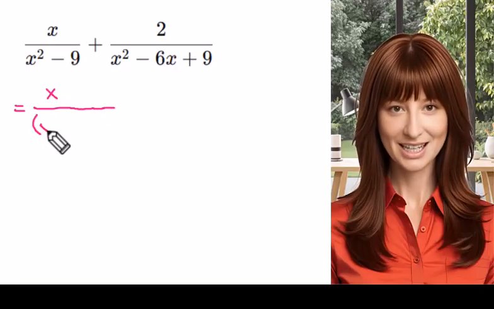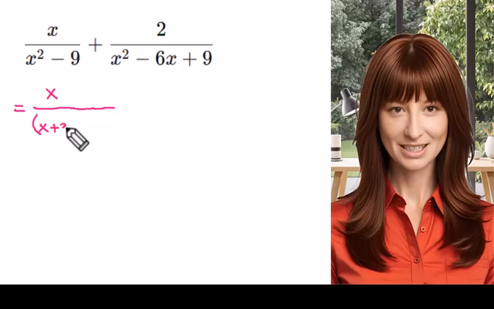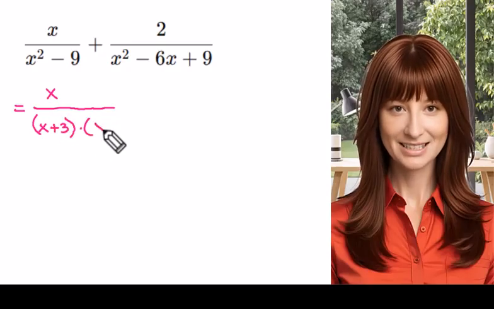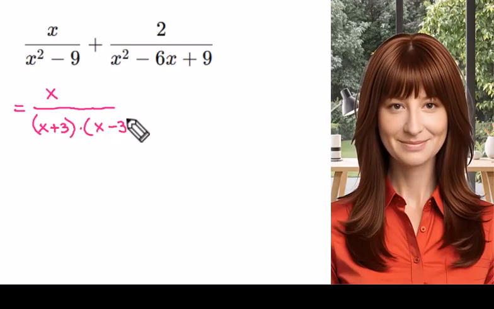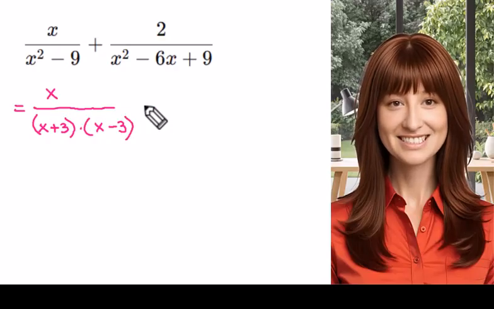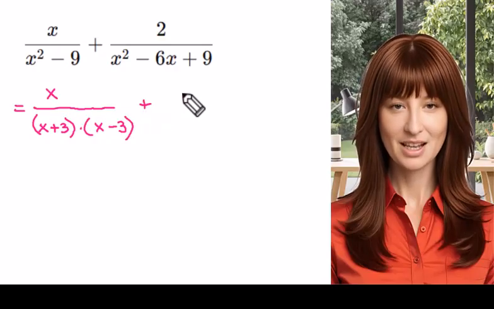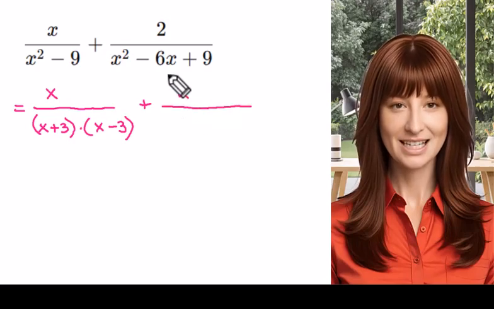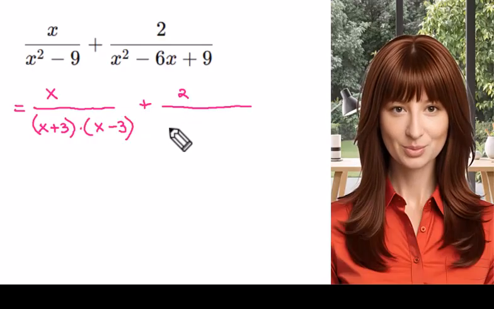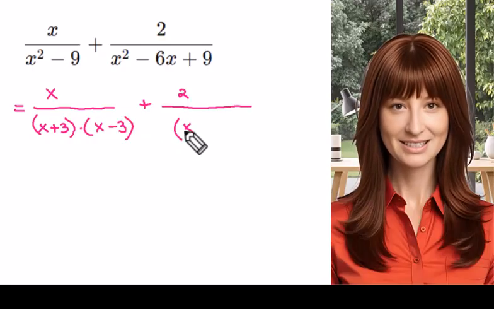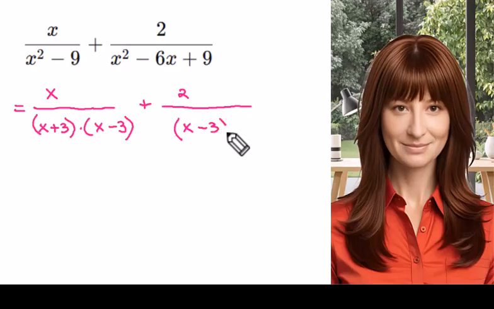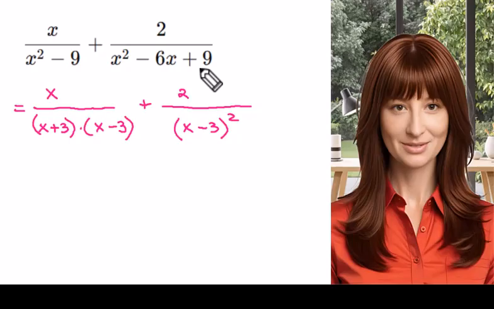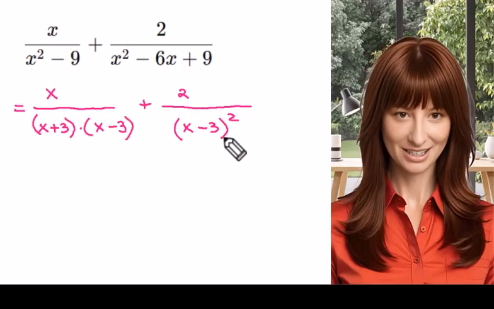So I can write that as x plus 3 times x minus 3. For the second fraction, we keep the numerator, and we recognize that this trinomial can be written as the square of x minus 3. This is a perfect square trinomial, so that's the formula that I applied here.